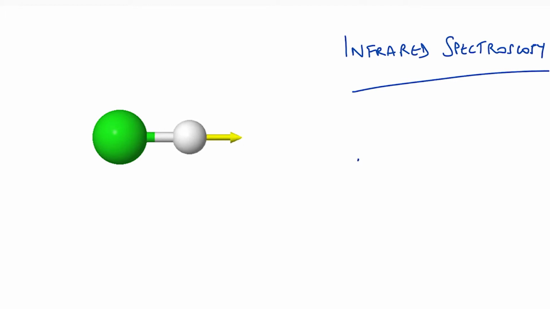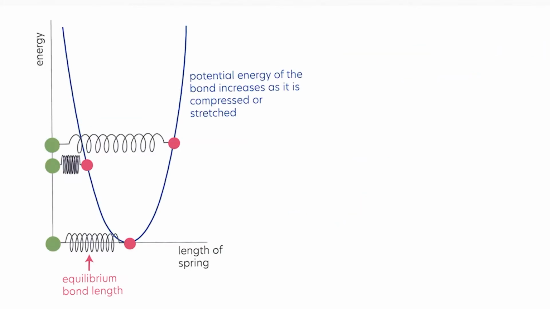If we take a molecule such as hydrogen chloride, we can think of it as two atoms joined by a spring. In this model, the spring is the bond, and there is an equilibrium spring or bond length.